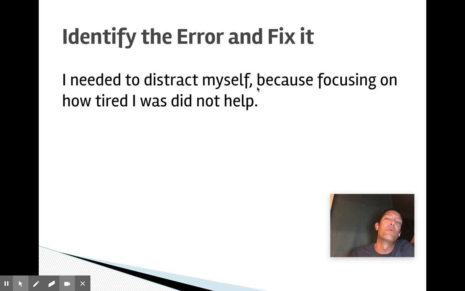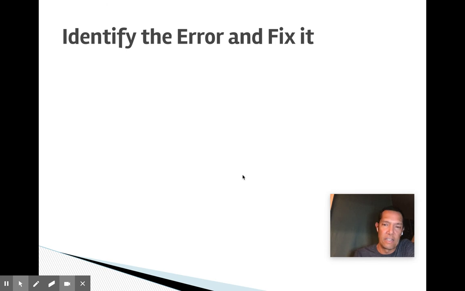So if you don't put a comma here and you have a word like this, it indicates that you could have flip-flopped them. It's the same thing as using the word since. Since focusing on how tired I was did not help, I need to distract myself. Period. You wouldn't put a comma before since. I need to distract myself since focusing on how tired I was did not help. You wouldn't put a comma there, right? So in any case, don't do it with because.